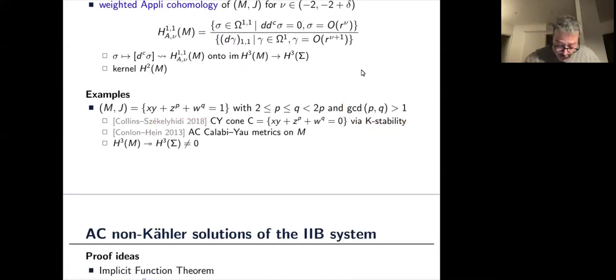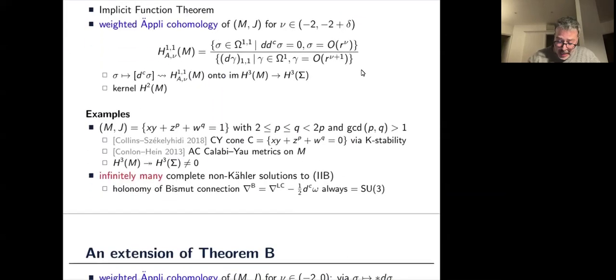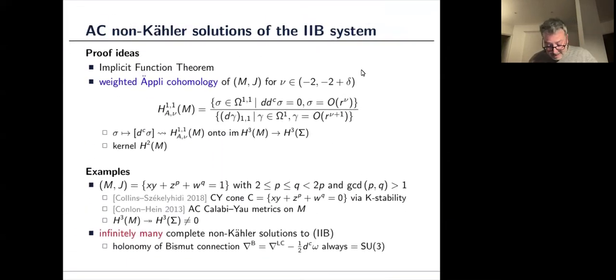In this way you can get infinitely many examples, and so infinitely many complete non-Kähler solutions of this 2B system. And an interesting observation is that, of course, this 2B system cannot have compact solutions.